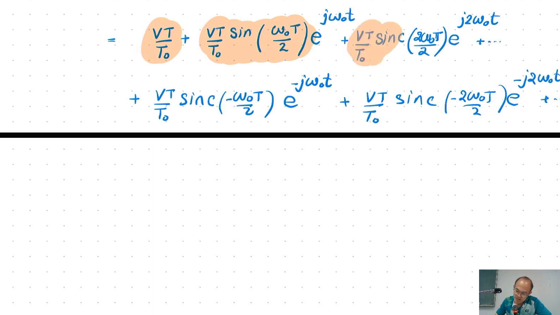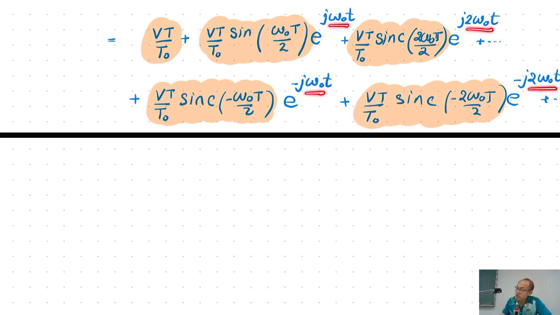Now we're trying to plot these coefficients for each of the frequencies here. Now we look at this: omega 0, minus omega 0, minus 2 omega 0 as frequencies.